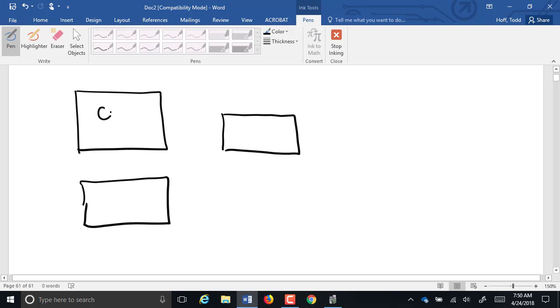So what we have here, top view, front view, and right end view.